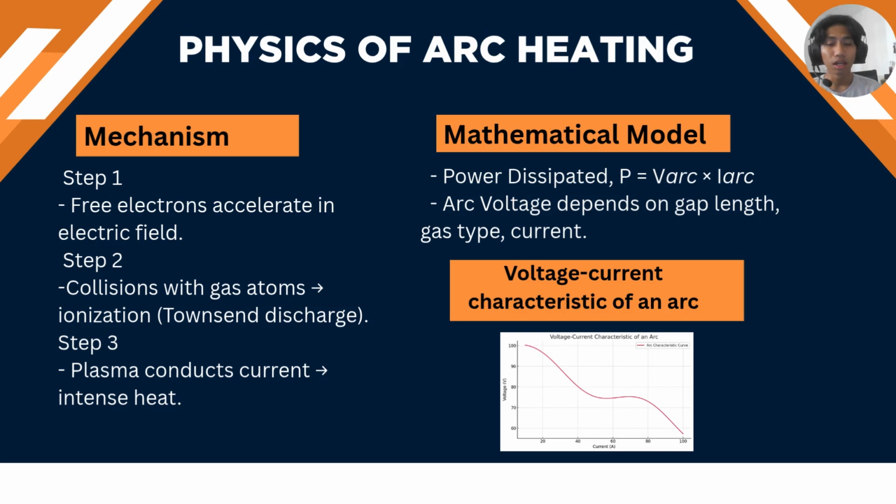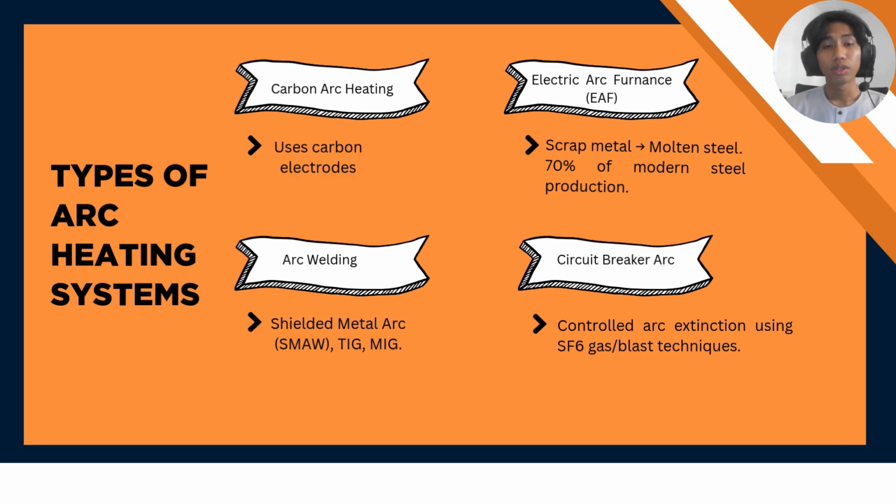Finally, the voltage-current characteristic of an arc. As shown in the graph, the voltage drops as the current increases. This is a negative resistance behavior unique to arcs. This property is critical in how we control our arc system.